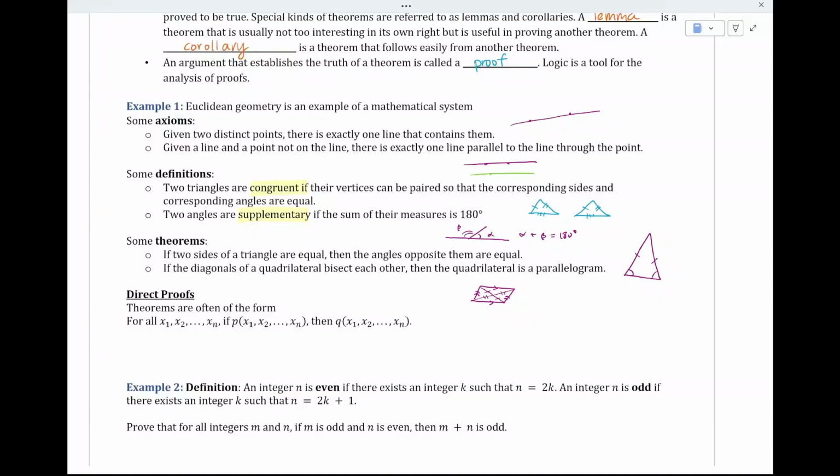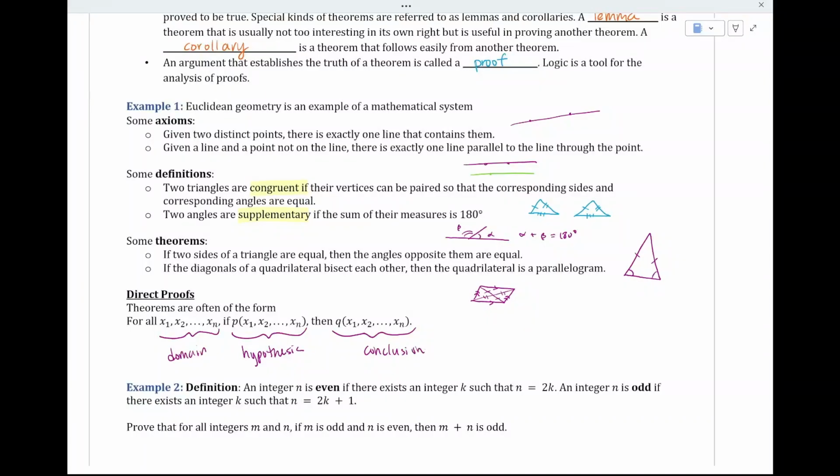Okay, so the type of proof that we're going to talk about mainly in this section is called a direct proof. Theorems often have the form: for all x in the domain, if p(x), then q(x). The domain is all x's in a certain area, like all positive integers, for example. p(x) is my hypothesis, and q(x) is my conclusion.